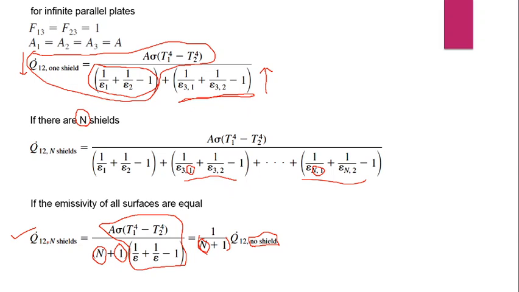As you can see, heat transfer between two surfaces will be reduced by n plus 1 times compared to the case where heat transfer was happening between two surfaces without any shields. So this term is very important, and this formula is extremely important.